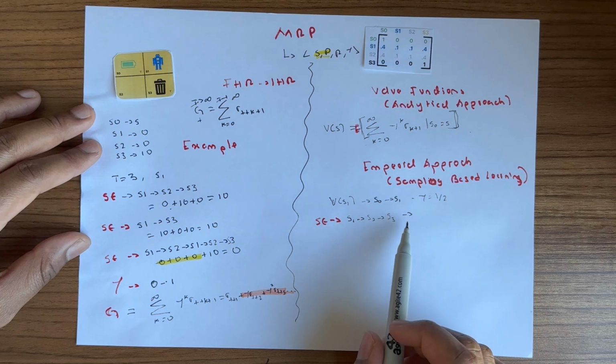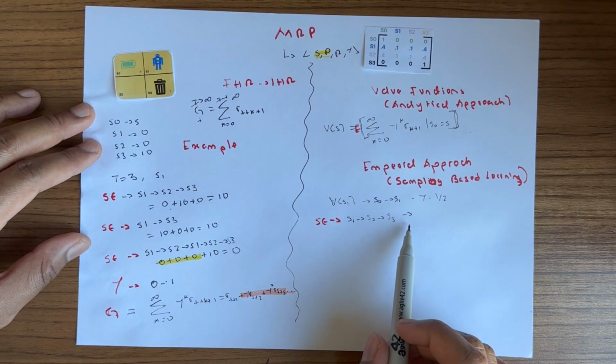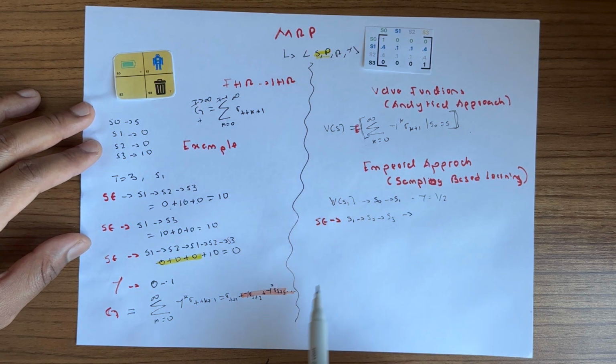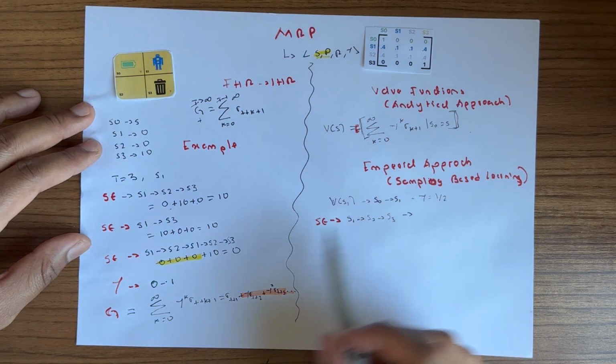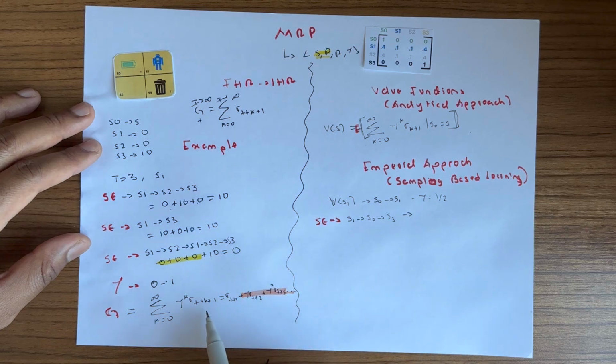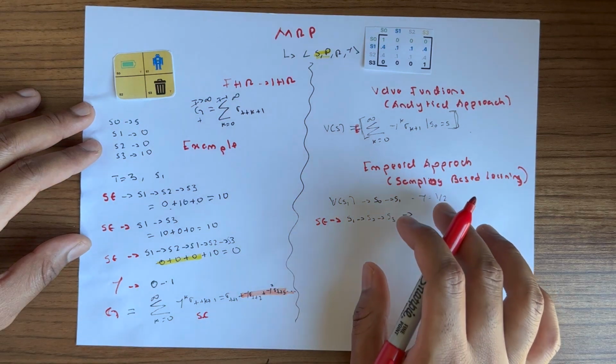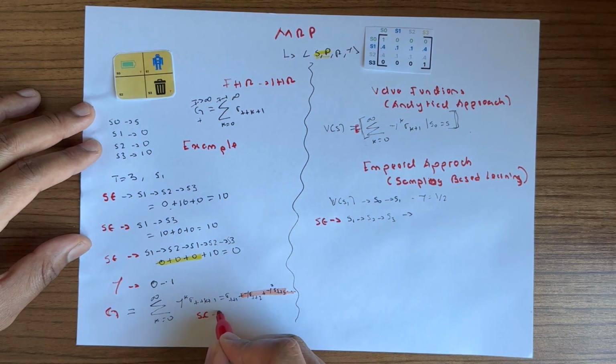But before we go to this empirical approach, let's calculate a simple return, which is essentially what we are going to be doing here. So a sample episode, I'm stopping what we are doing here, I missed a step. A sample episode could be S1 to S2 to S3.